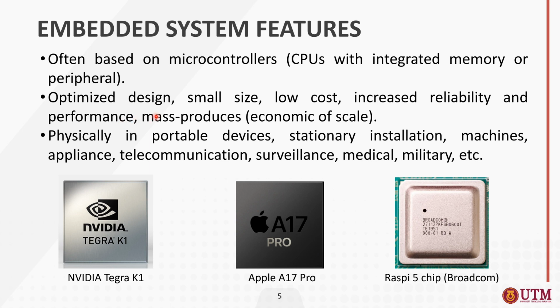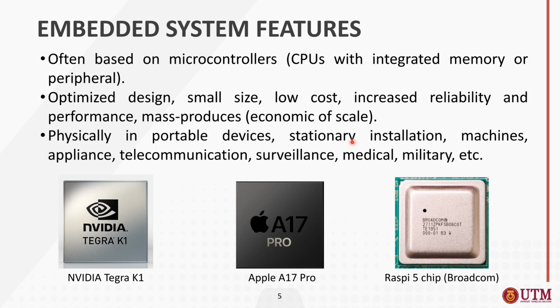And also for embedded system, it is usually mass produced. Okay, for example, the mobile phone is actually being mass produced. Everyone has a mobile phone nowadays. Okay, so they need to mass produce the product, right? So physically in portable devices, stationary installations, machines, appliances, telecommunications, surveillance, medical, military, and etc. So this is the application of embedded system that we just saw in the previous slide.